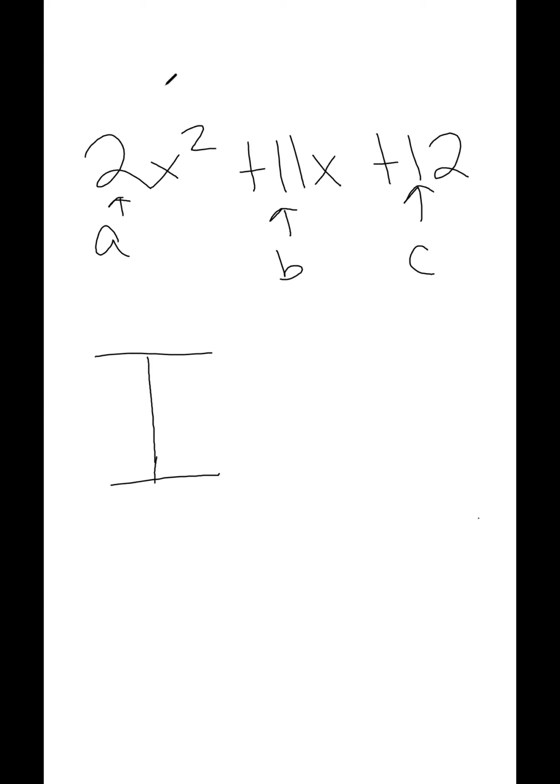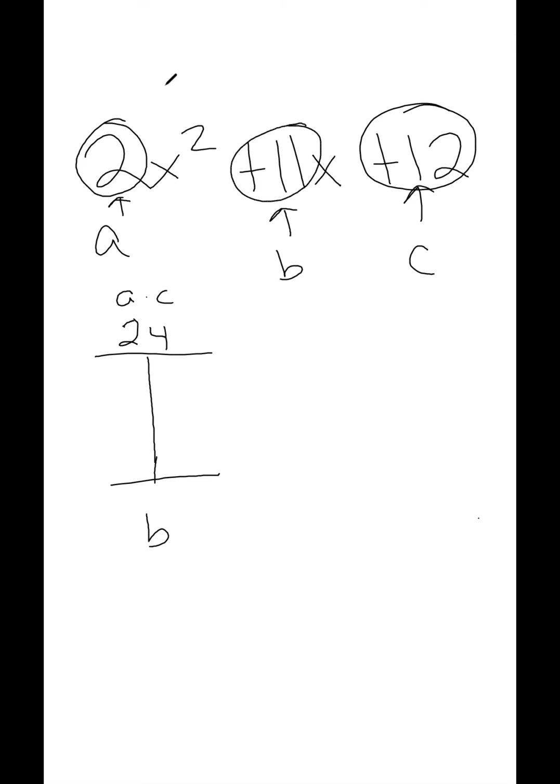What goes on top is A times C. So 2 times 12 is 24. Then on the bottom, this is B. Well, B is this 11. So that's where that 11 is going to go.